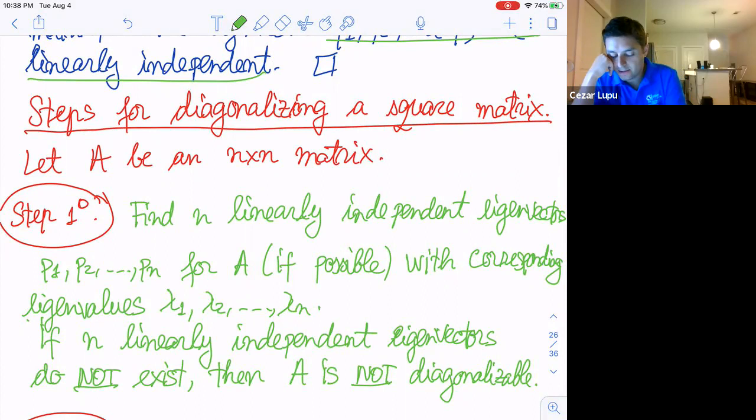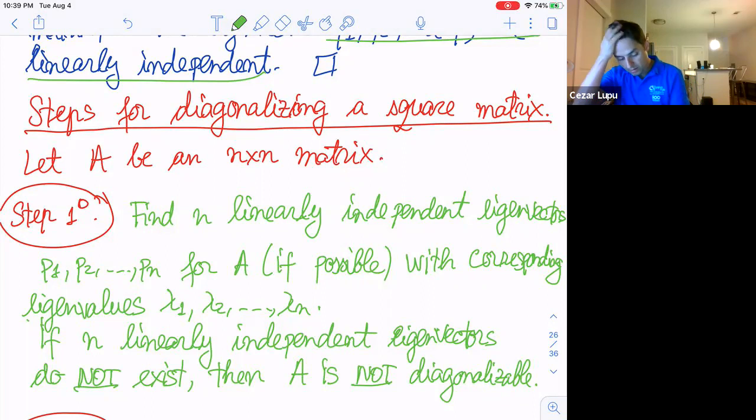We find n linearly independent eigenvectors, let's say P1, P2, P3, up to Pn for A, if possible, with corresponding eigenvalues lambda 1, lambda 2, up to lambda n. So we find the eigenvalues and their corresponding eigenvectors first. If n linearly independent eigenvectors do not exist, then we can simply conclude that the matrix A is not diagonalizable, so we can stop there.